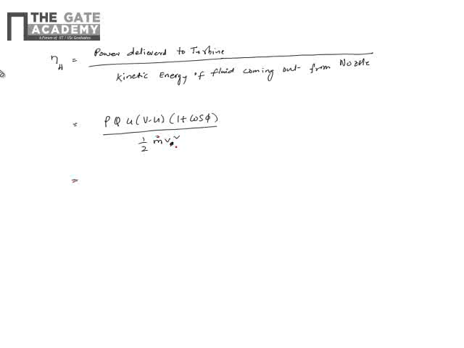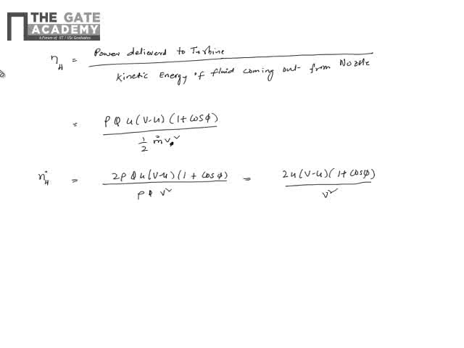So this is 2 rho Q u times v minus u times 1 plus cos phi, and m dot is rho Q v square, so rho Q gets cancelled, and it is 2u times v minus u times 1 plus cos phi over v square. So this is how your hydraulic efficiency shows how much portion of the kinetic energy of the fluid you are converting into power. That's it.